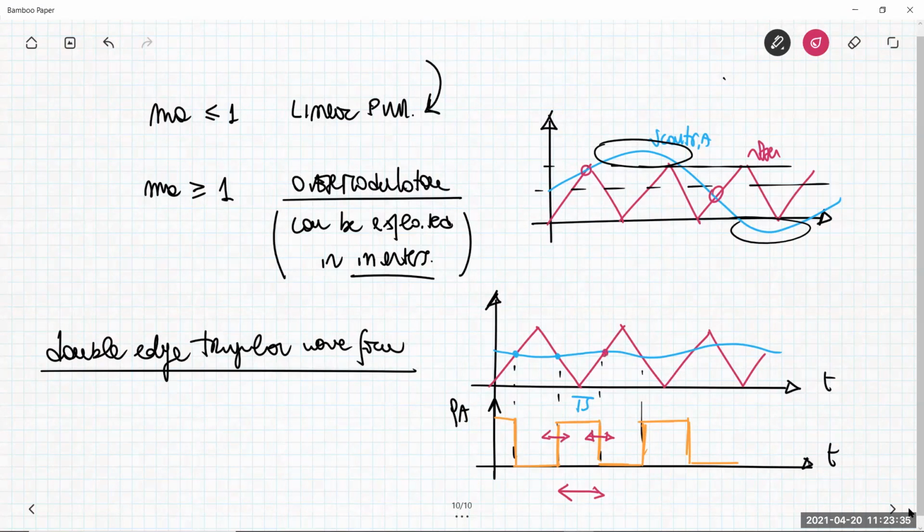These two points change according to the variation of the blue curve, the control voltage.